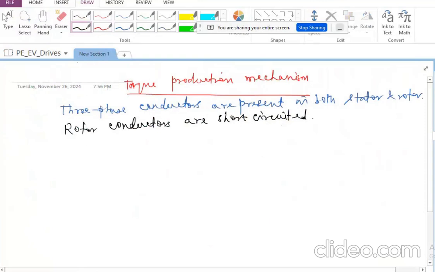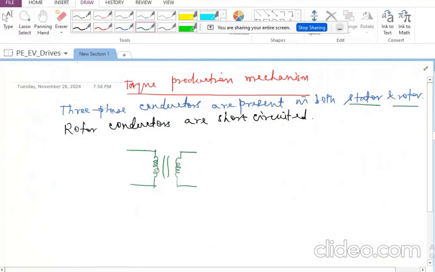So the three-phase conductors of the stator as well as rotor, if I look at them from a per phase point of view, only one phase at a time, behave like a transformer. So let us say this is the stator conductor which is sitting here, and this is going to be the rotor conductor which is sitting on the secondary side.